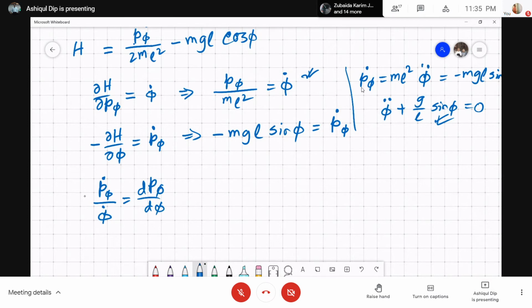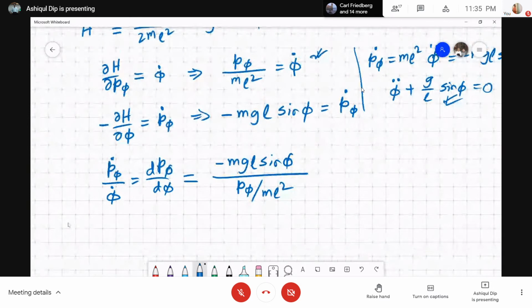So now substitute. On one side, on the top you have mgl sine phi, and on the bottom you have p phi divided by ml squared, right?